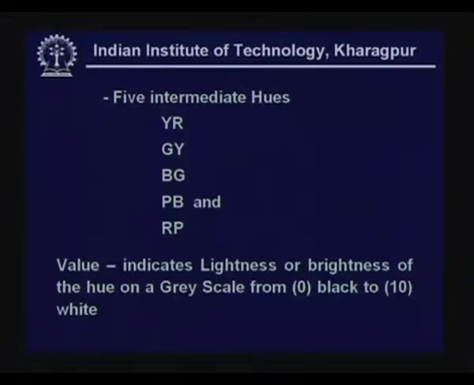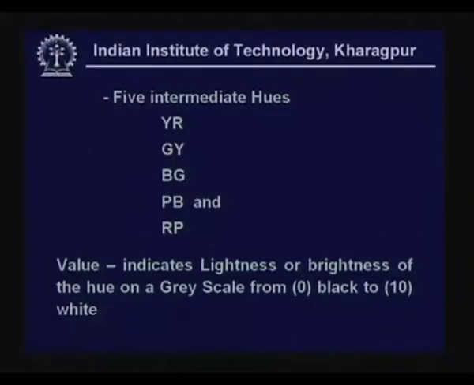So, value indicates lightness or brightness of the hue on a gray scale. So, we have 2 of the 3 dimensions discussed, that is hue and value. Hue had principal hues, intermediate hues, and value connotes the lightness or brightness of the hue on a gray scale from 0 to 10, 0 corresponding to black, 10 to white.